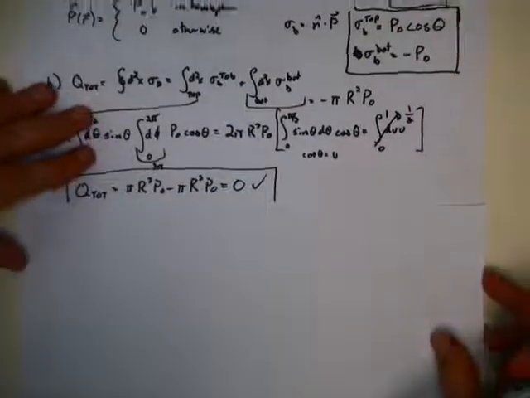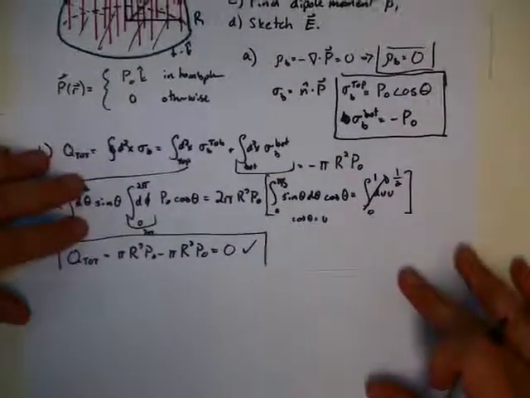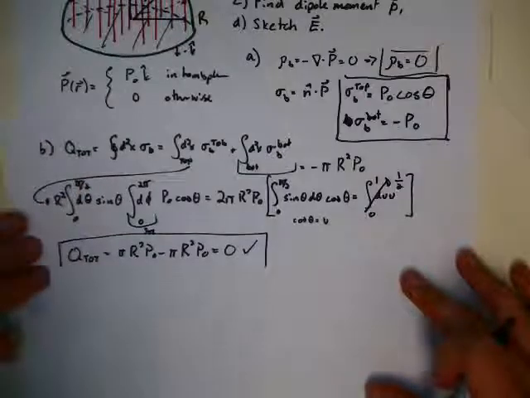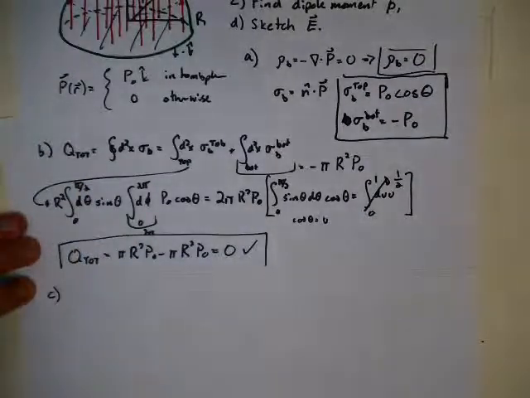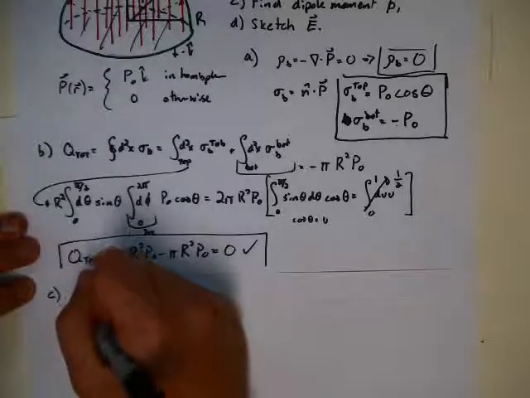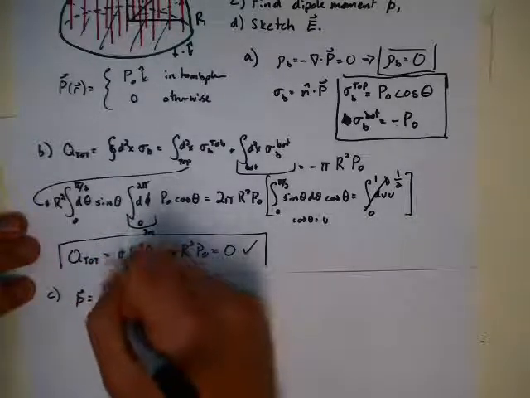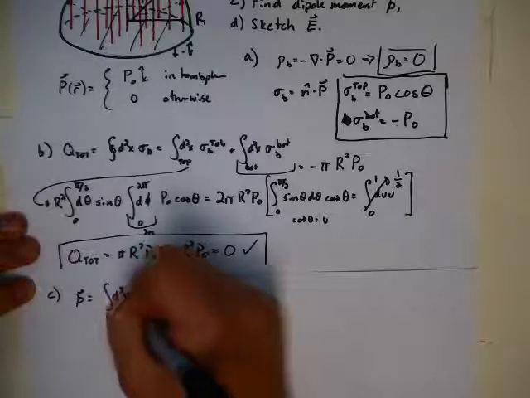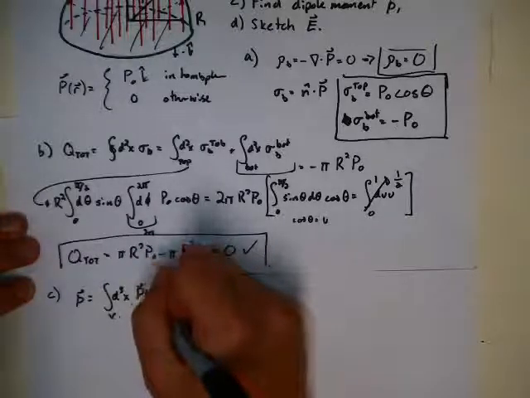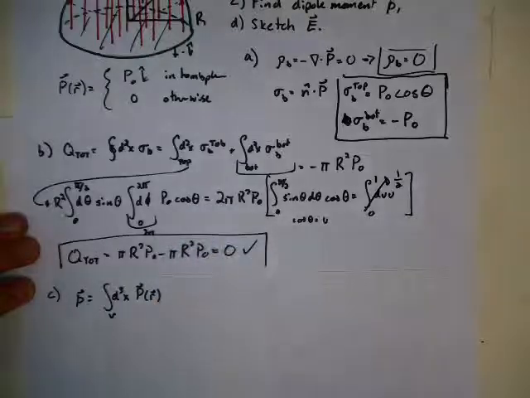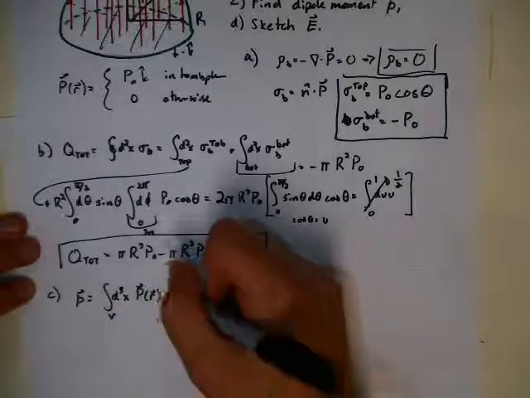Now we want to find part C. Okay, find the dipole moment. And so here it helps to remember what the definition of the polarization is. So the dipole moment is simply the volume integral of the polarization. That's actually pretty easy. The polarization is the dipole moment per unit volume, so the dipole moment is the volume integral of the polarization.